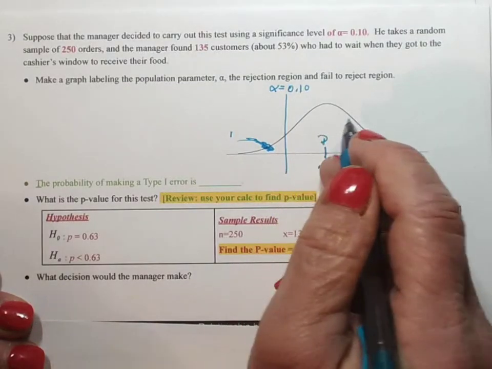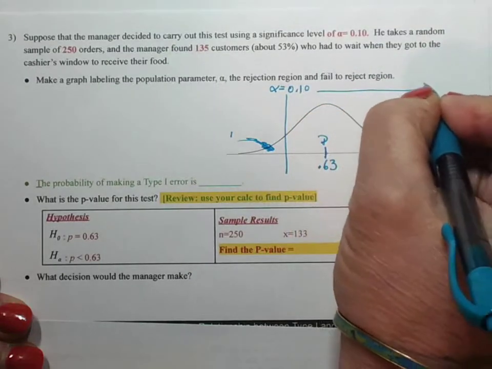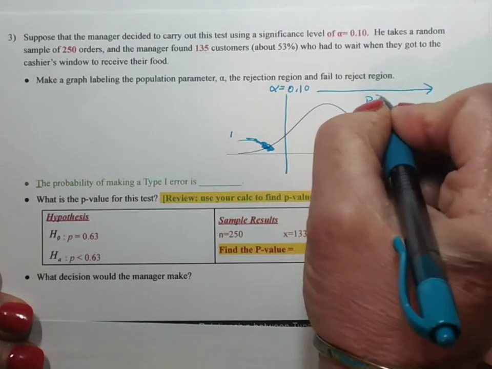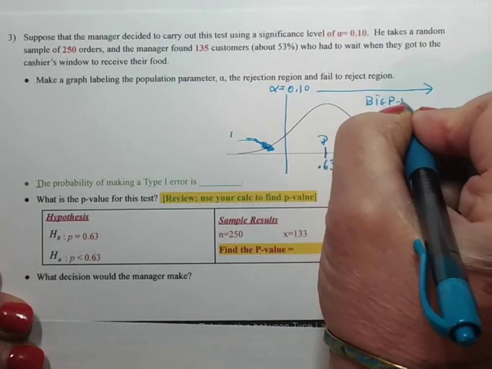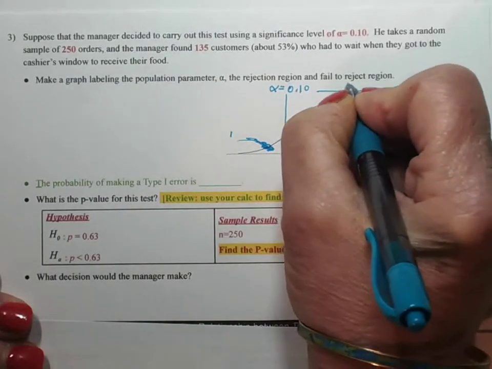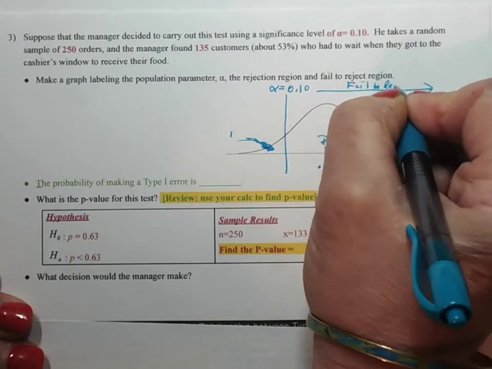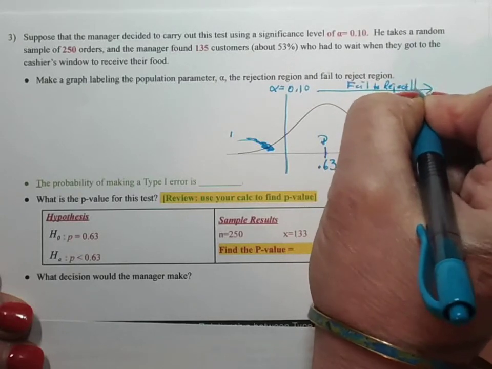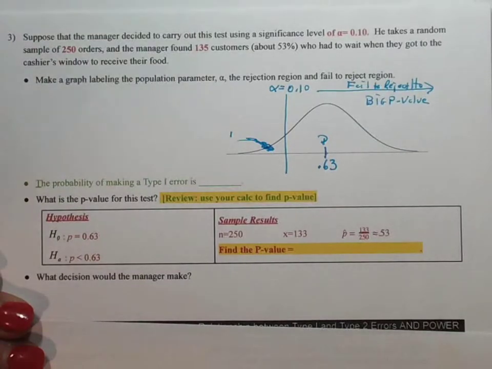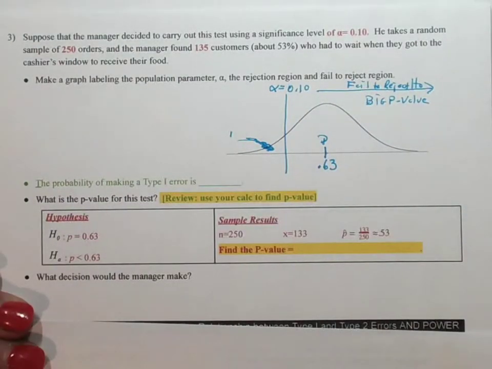Right? So if we have a big p-value, then this is when we fail to reject H naught. Big p-value, fail to reject.